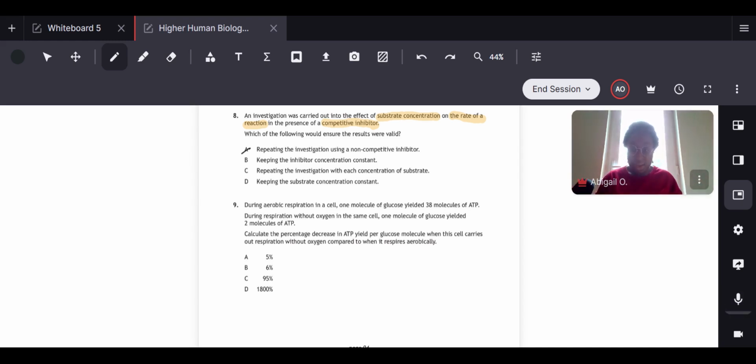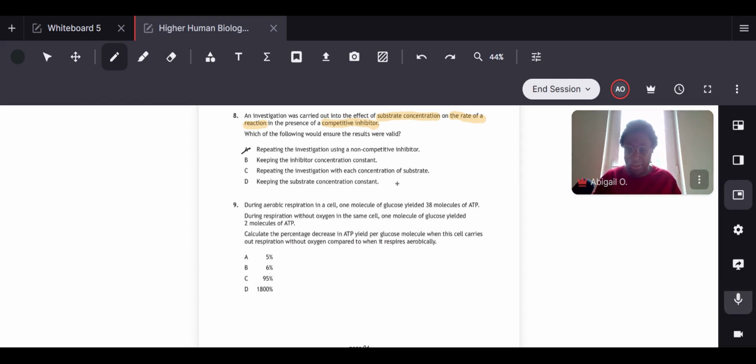Let's look at option B, keeping the inhibitor concentration constant. That might be really helpful for us because the competitive inhibitor concentration is a bit like a constant variable. It's just going to be a constant thing in our experiment. It's not actually what we're studying. What we're studying is the effect of substrate concentration on the rate of the reaction. So let's keep B in the running. So C, repeating the investigation with each concentration of substrate.